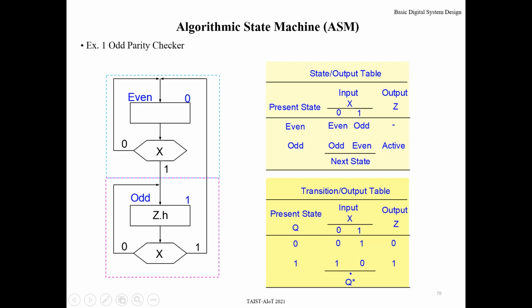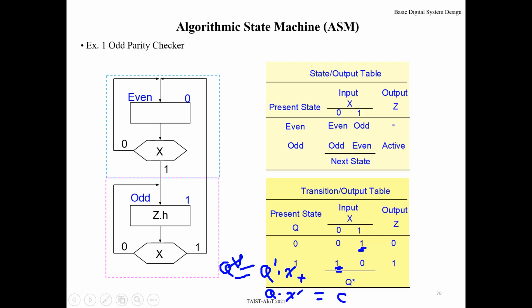So after that I can design this, right? Based on this, Q star is related to Q and input X. Namely, Q star equals Q prime and X, or, when Q is 1 and X is 0, Q and X prime.